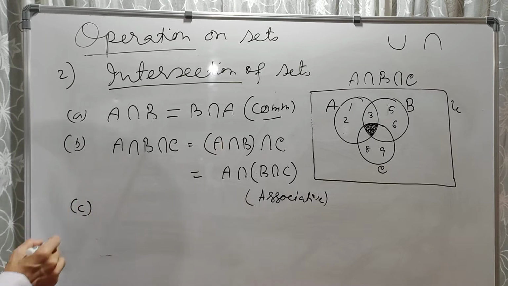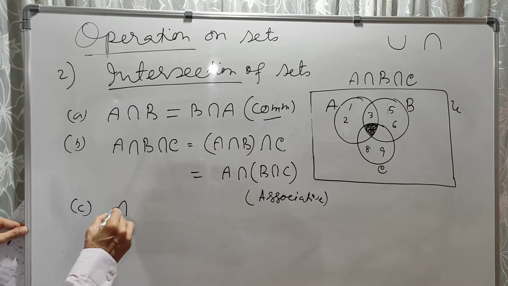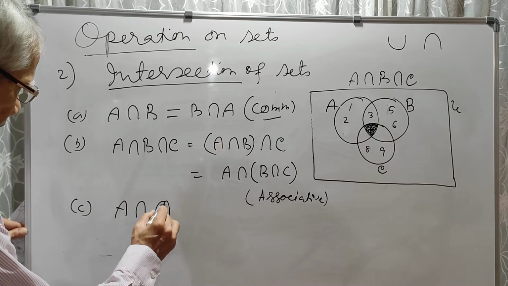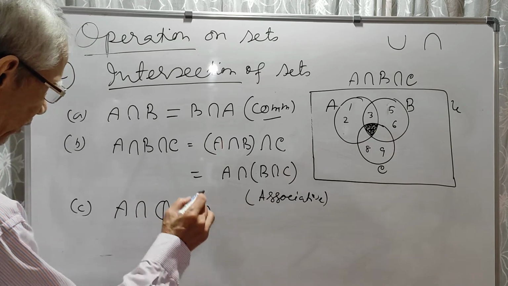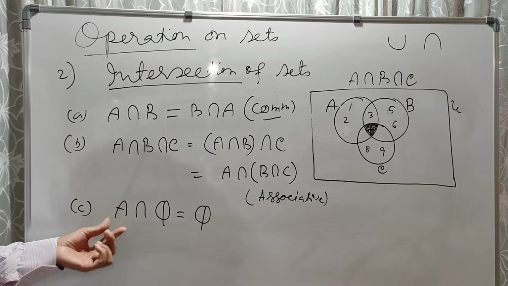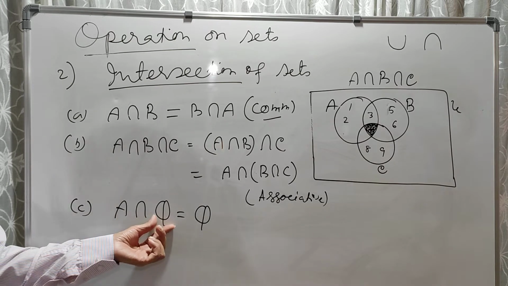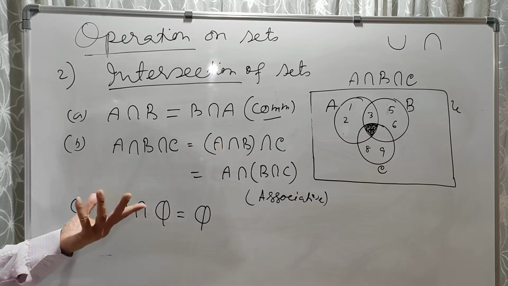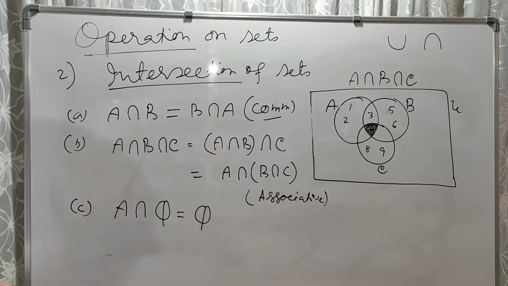Then the third property: A intersection null set is null set. Suppose A is 1, 2, 3 and null set has no element. So what is the common element? Nothing. So A intersection null set is null set.